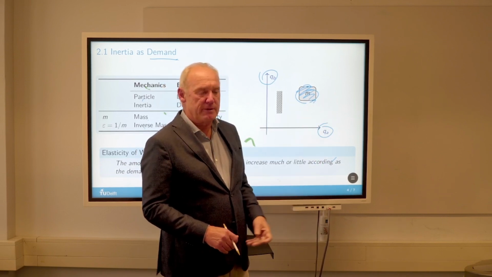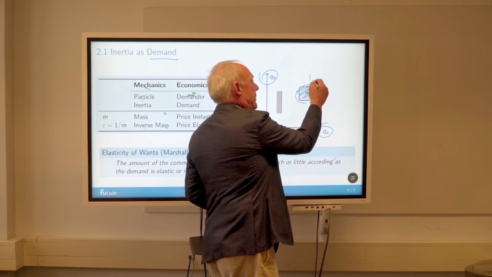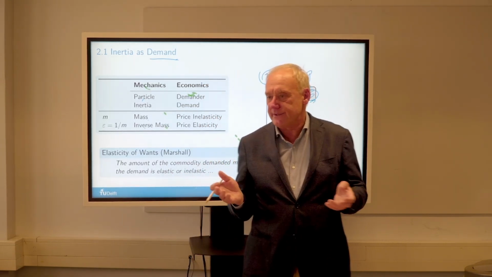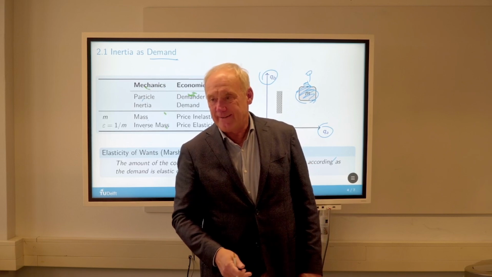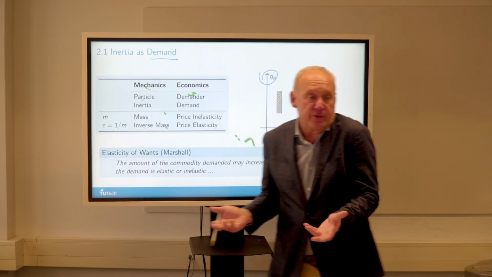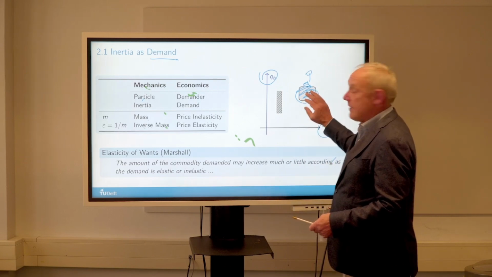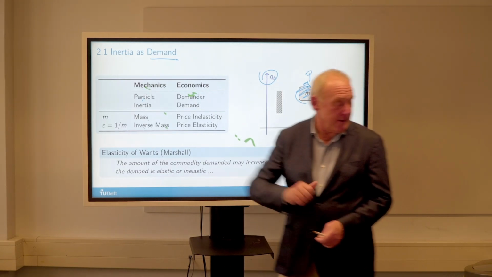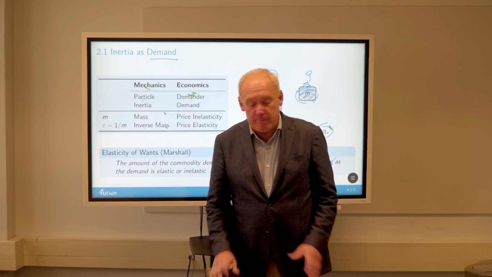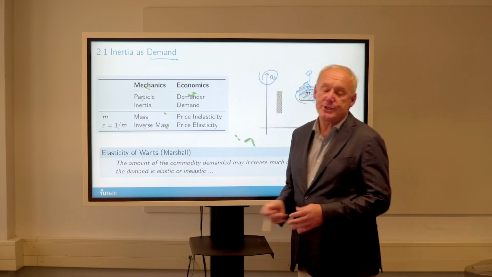So here there is some demand. I don't really care if there's a person doing it, or a company, or something else. Ultimately it's some natural person, because they'll do the demand, but it's something that's causing that thing to maintain that velocity. Now, if there's inertia, you can measure the inertia.